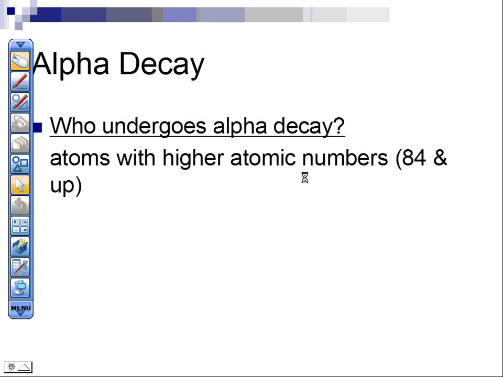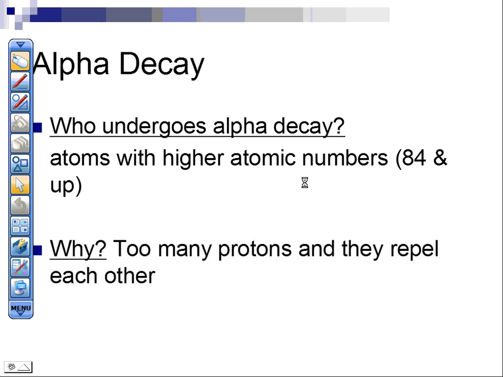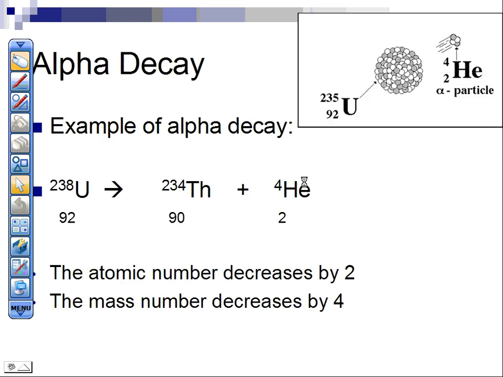So anything with atomic number 84 or up is going to do an alpha, and that's the atomic number, meaning the bottom number. Again, they think there are too many protons and they start to repel each other. So here's what this would look like.